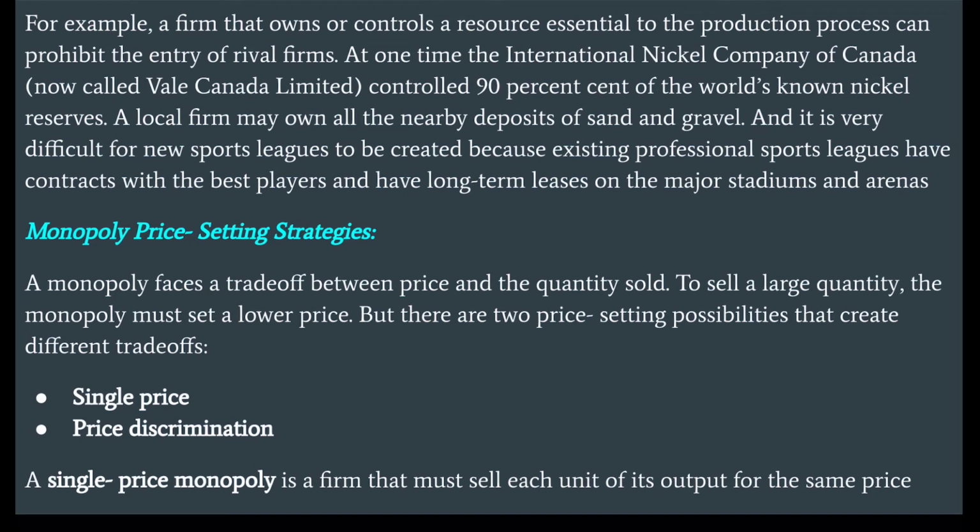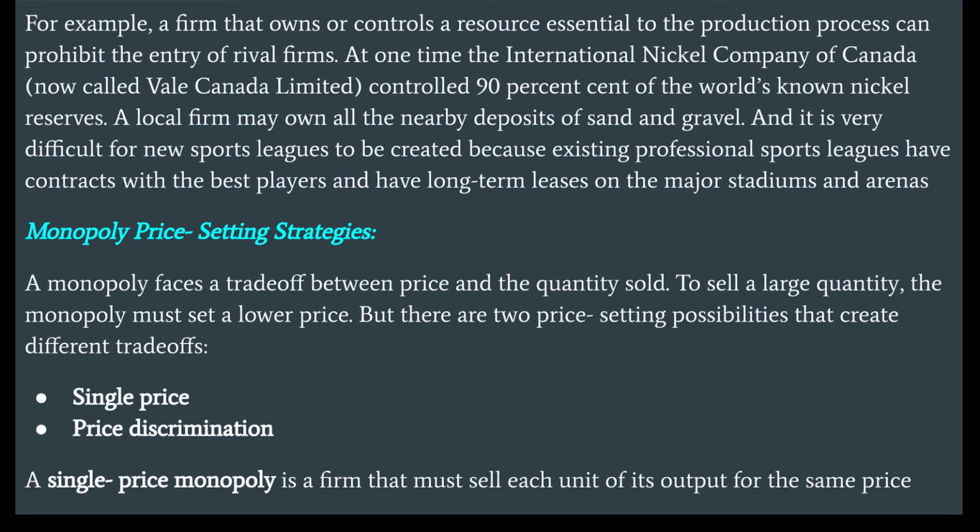At one time, the International Nickel Company of Canada, now called Vale Canada Limited, controlled 90% of the world's known nickel reserves. A local firm may own all the nearby deposits of sand and gravel. It is very difficult for new sport leagues to be created because existing professional sports leagues have contracts with the best players and have long-term leases on the major stadiums and arenas.